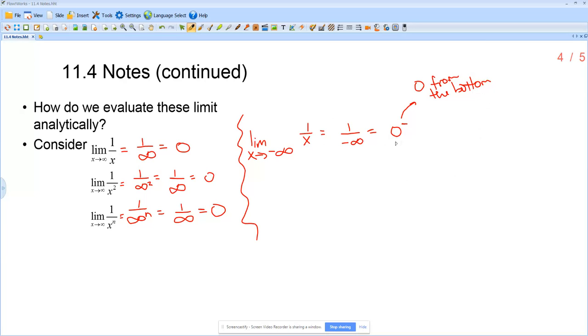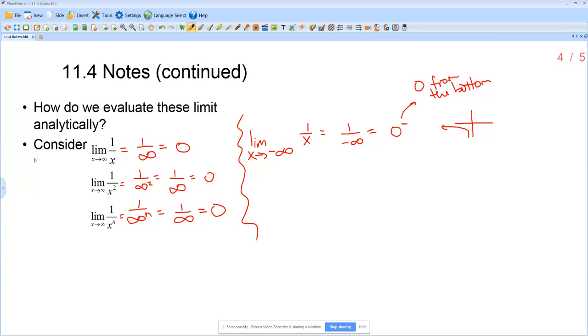And graphically, what this means is as I'm going to negative infinity, so as I'm going infinitely to the left, I'm going towards 0, but I'm coming from the bottom. Oh God, that was not the function I drew. The negative portion of my graph, since I had 1 over negative infinity.